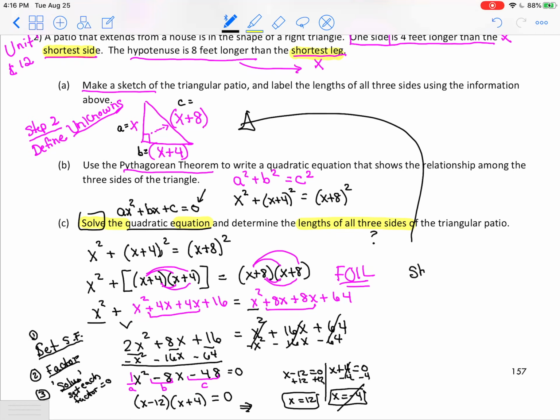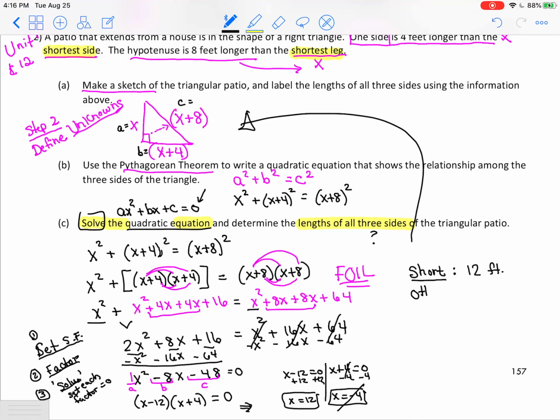We know that x was our short side. So our short side is equal to 12, and we need those units in there. So we go back and remind ourselves, that's feet. The short side is 12 feet.